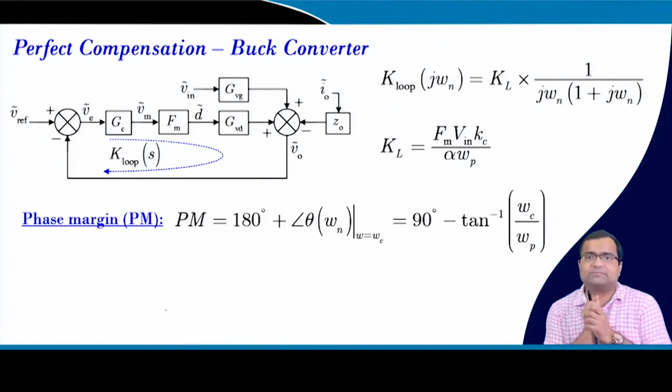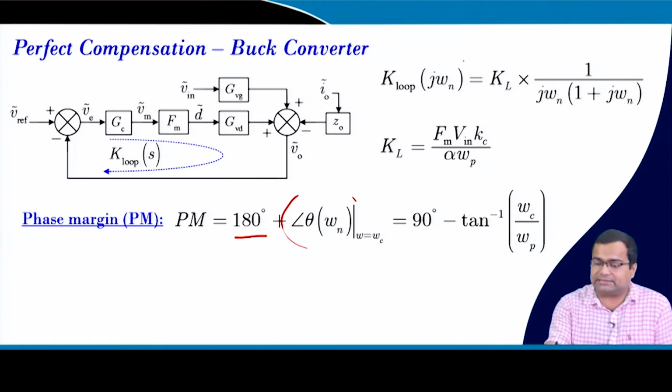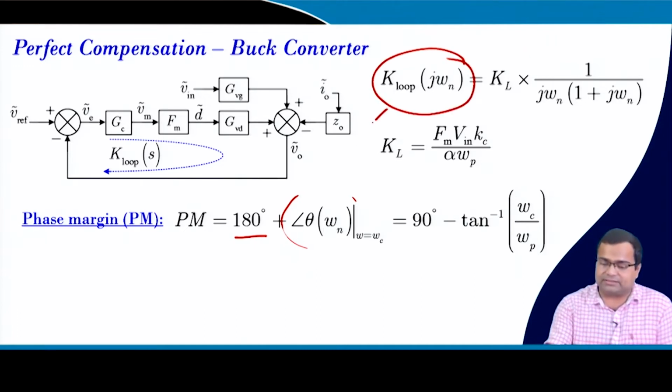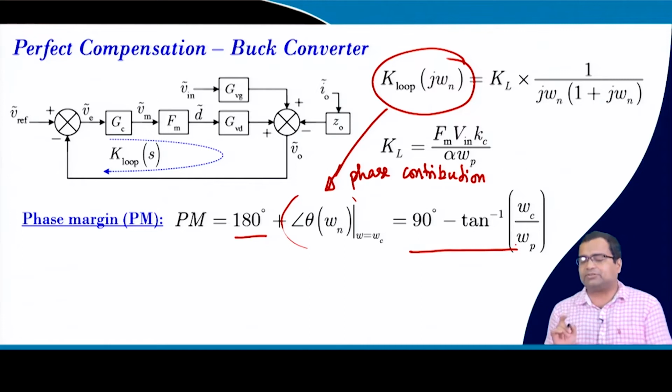Next, phase margin. At gain crossover frequency, our phase margin can be computed as 180 degrees plus the phase contributed by this, which is the theta of this. We are talking about the phase contribution. This can be written as 90 degrees minus tan inverse of omega c by omega p.